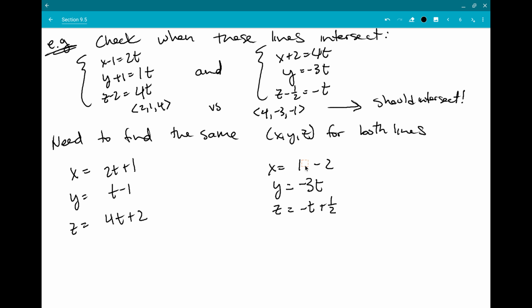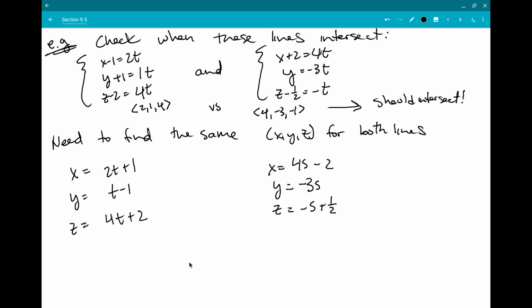So temporarily, I'm just going to use a different letter for this parameter. It doesn't matter when it happens, but at some parameter value s, I hit an x, y, z, and it has to match the x, y, z I happen to hit at some parameter value t.